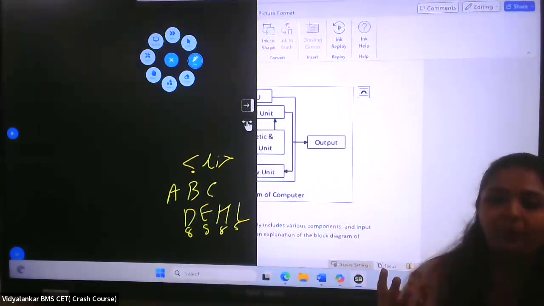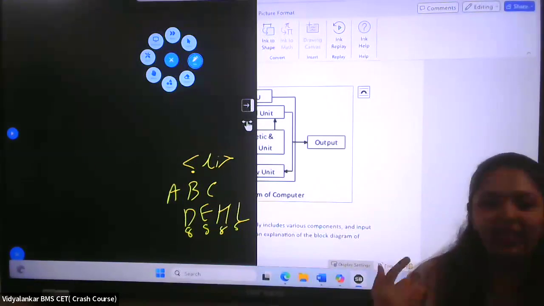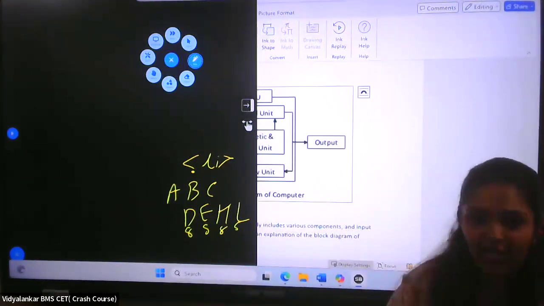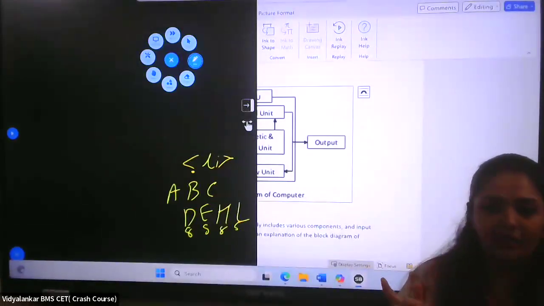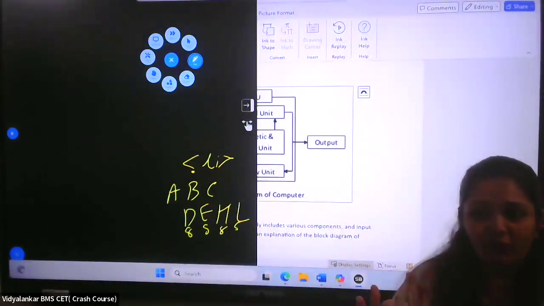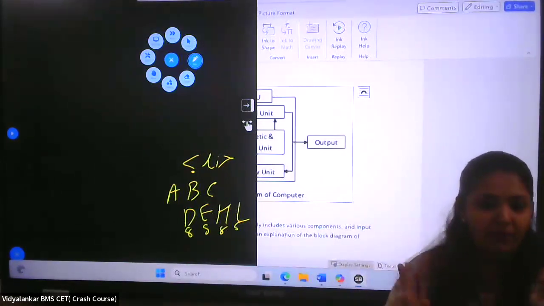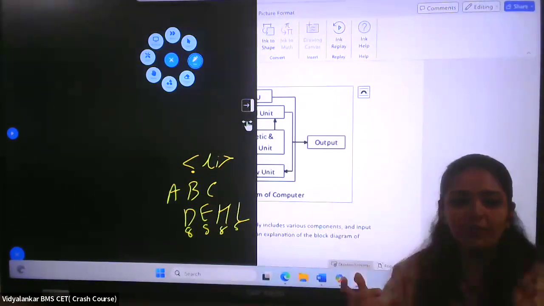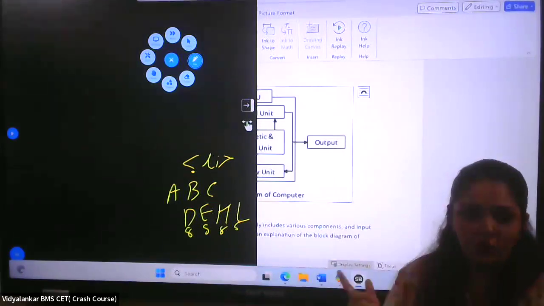Okay, how many number systems did we discuss today? Which are those 4 number systems? Binary, decimal, octal, hexadecimal. If I ask you the base for binary, what's the base for the binary number system? And how did you get that 2? From the range, that is 0 and 1. Then what's the base for decimal? 10. What's the range for decimal? 0 to 9.